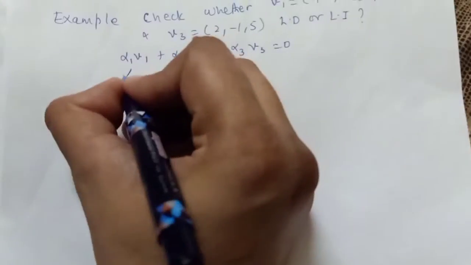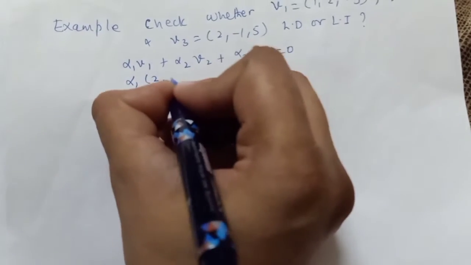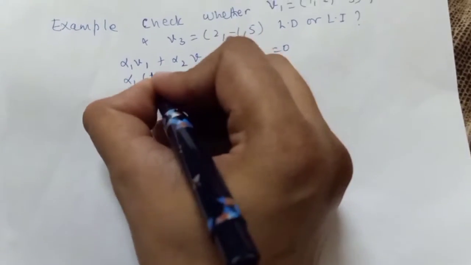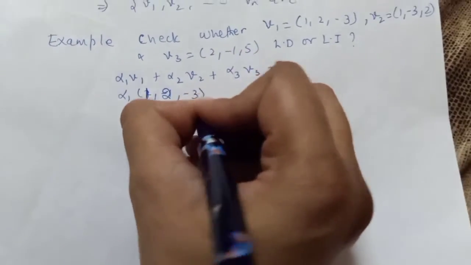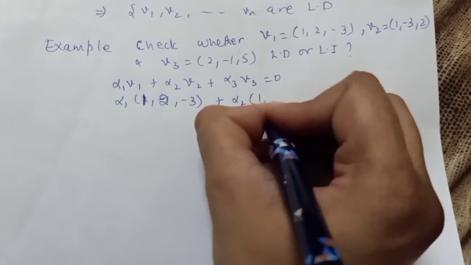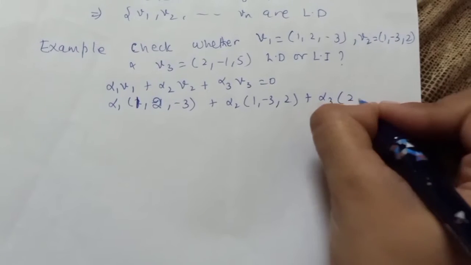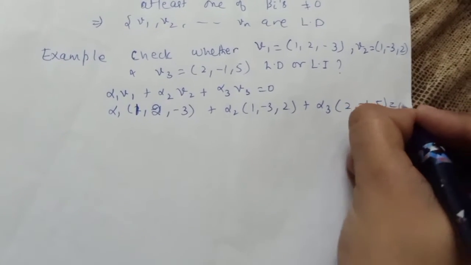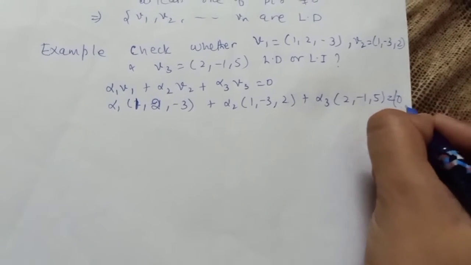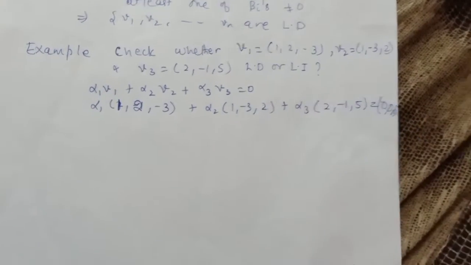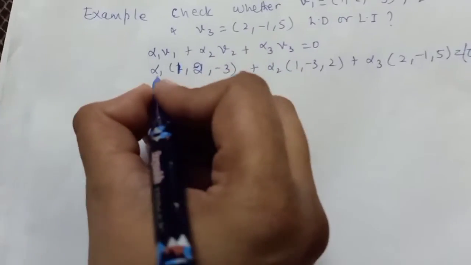Now let us put the values of v1, v2, v3. v1 is (1, 2, -3), v2 is (1, -3, 2) and v3 is (2, -1, 5). Can I write this 0 as (0, 0, 0)? Is that okay? So now multiply.